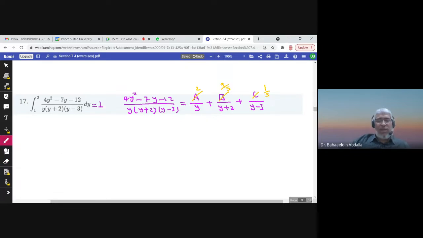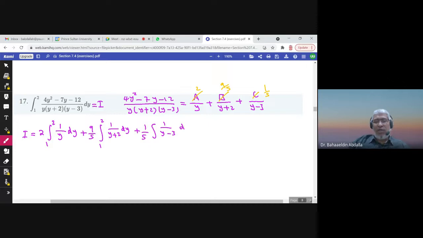So this integral I would be equal to a, which is 2, times the integral from 1 to 2 of 1 over y, plus b, which is 9 over 5, times the integral of 1 over y plus 2 from 1 to 2, plus c, which is 1 over 5, times the integral of 1 over y minus 3 dy from 1 to 2.